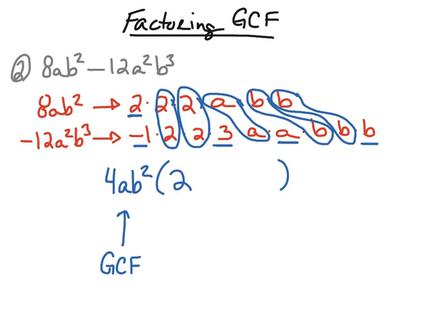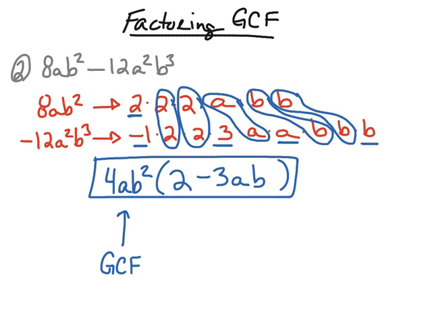So if I were to multiply all of those together, negative 1 times 3 would be a negative 3. I've also got an a, and I've also got a b. Therefore, these two terms are called factors. These are the factors of 8ab squared minus 12a squared b cubed.